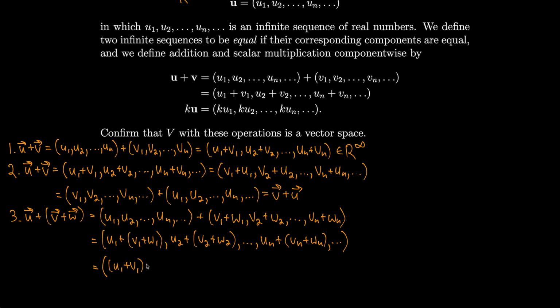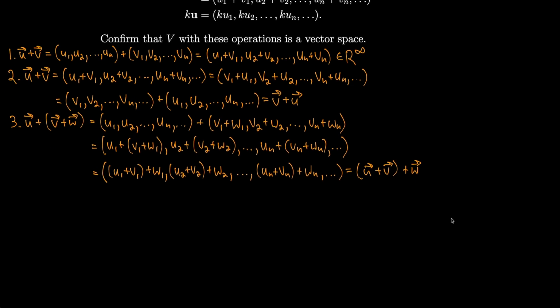So I'll just rewrite each of the components using the associative property. I just need to get to un plus vn plus wn, and that is u plus v in parentheses plus w as desired.